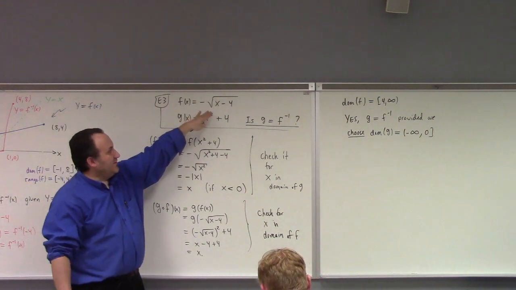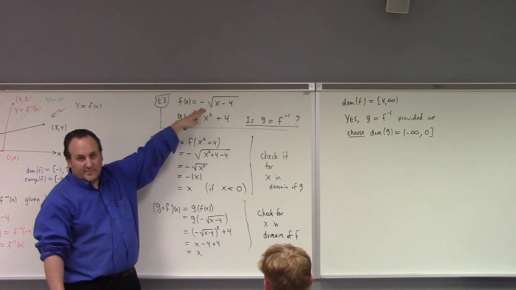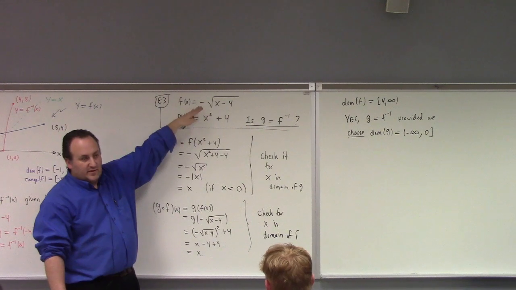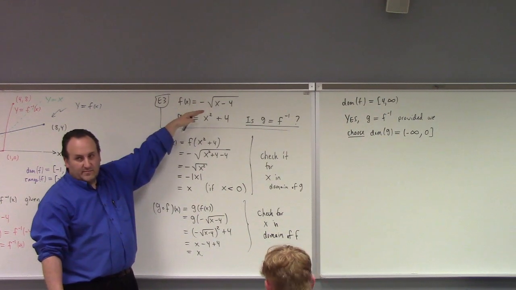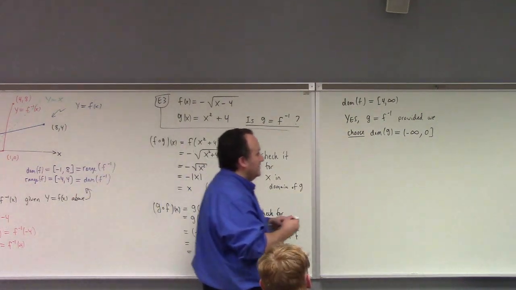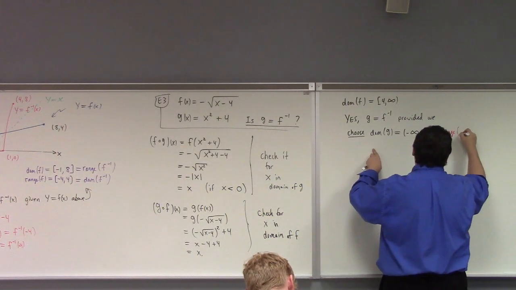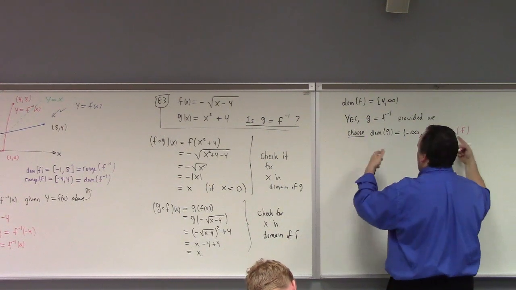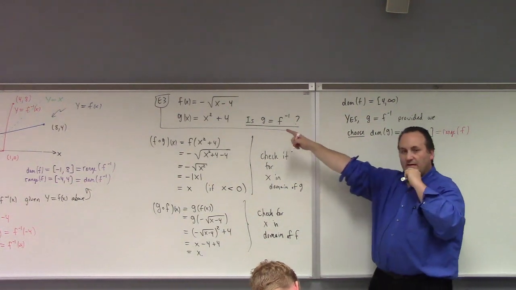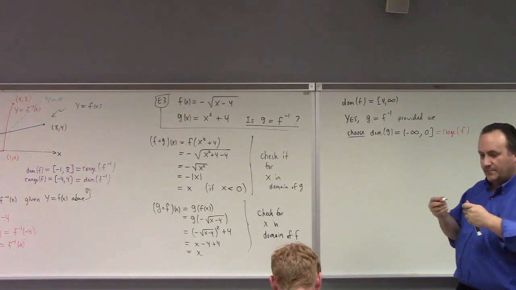If you think about plugging numbers into this, it's 0, and then if you plug in big numbers, it's like minus a big number. Or you could graph it if you want. It's an upside down square root, so it keeps going down and down and down. This is the range of f, okay? So once you understand that that's the range, you see that g of x has to have this as its domain, otherwise it's not going to work.